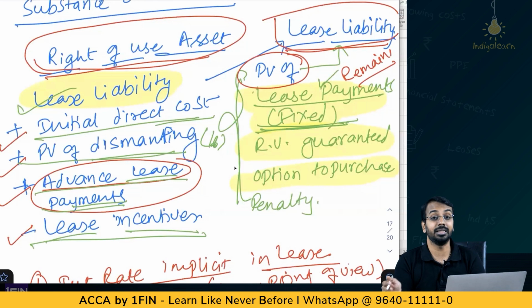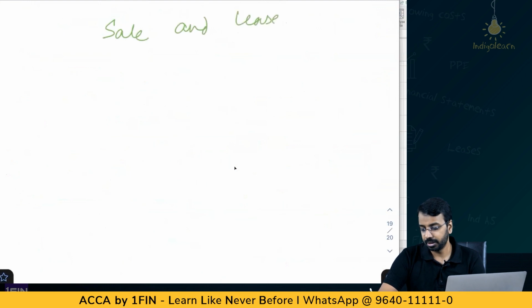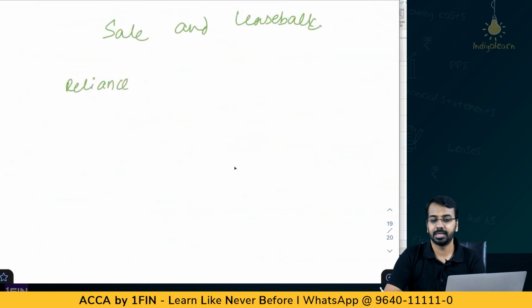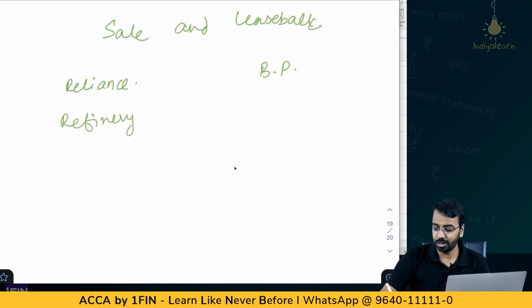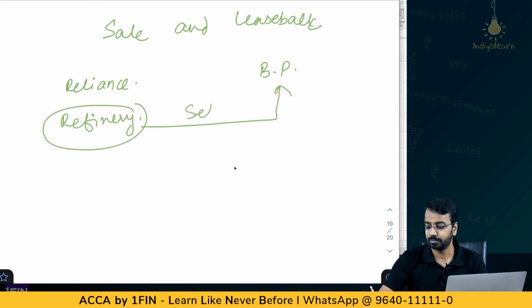Then we have another concept called sale and lease back. For example, let us say there is one company, Reliance. Then there is another company, let us say British Petroleum. Reliance has a refinery. What Reliance does is, Reliance sells this refinery to British Petroleum.